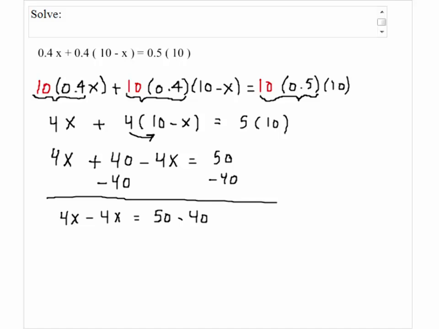Then we have 0x, or 0, is equal to 10. So in this case, it means no solution. When we have zero equal to a number like that, there is no real solution.